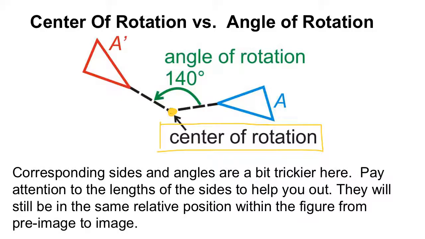Your pivot point is your center of rotation. How much you plan to move it, that's the angle. And so you have your pencil stuck on your pivot point, which is your center of rotation, and you simply slide like a clock hand would slide, counterclockwise, A onto A prime.